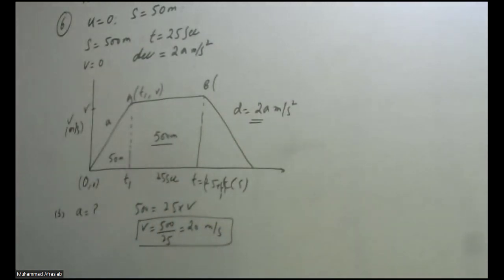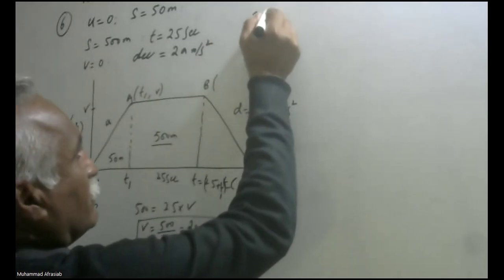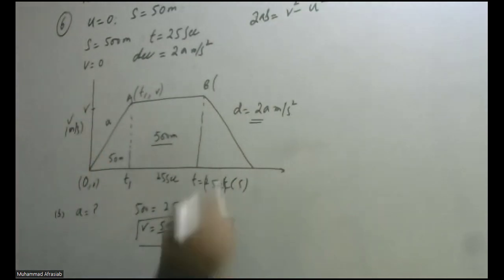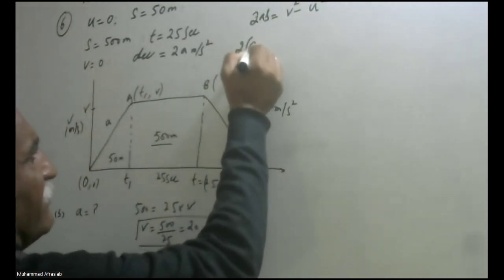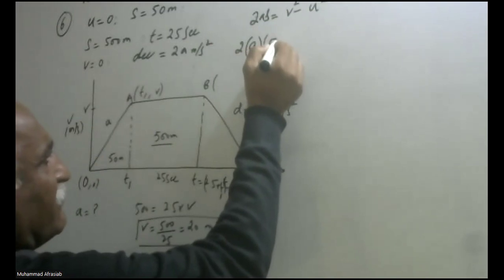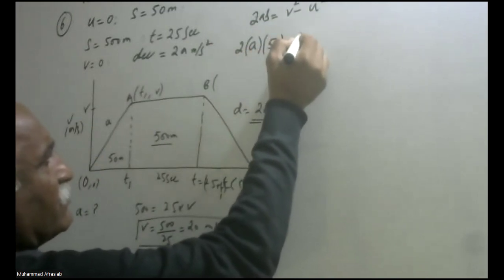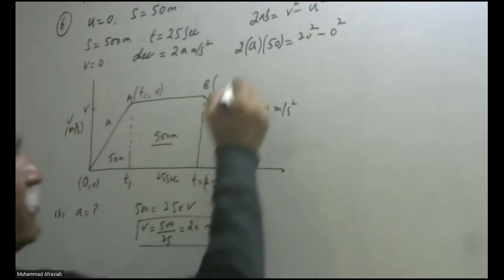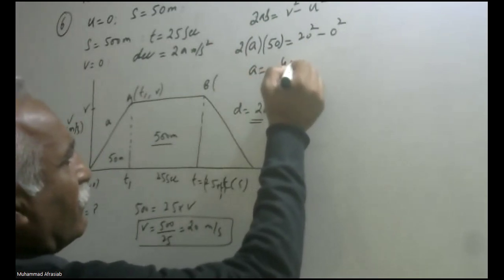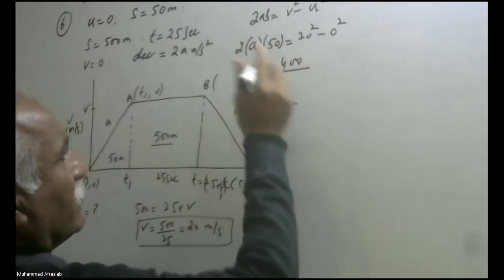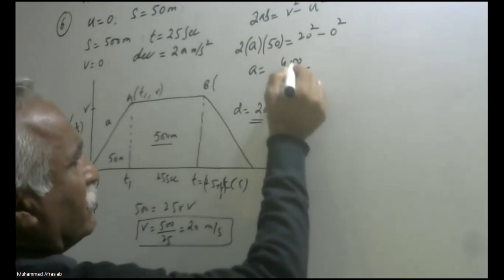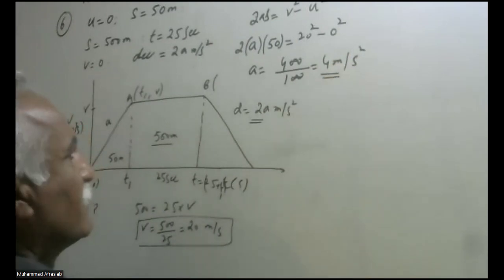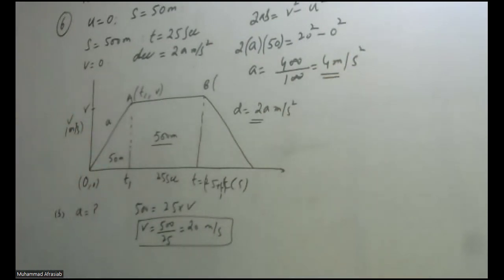If we use the equation of motion, 2as equals v squared minus u squared, we know the value of 2, a we don't know, s is 50 meters, v squared is 20 squared, minus u squared is 0 squared. So a is equal to 400 over 100. So a is equal to 4 meters per second squared. This is the acceleration a for this part.